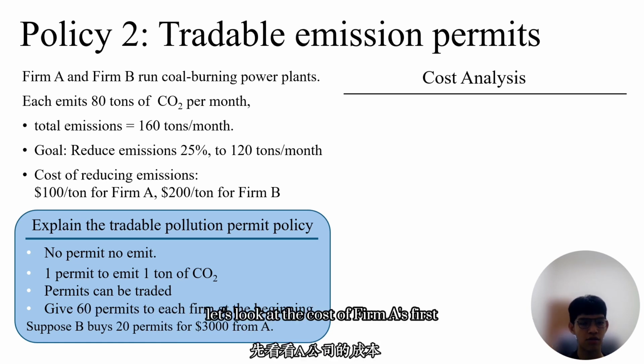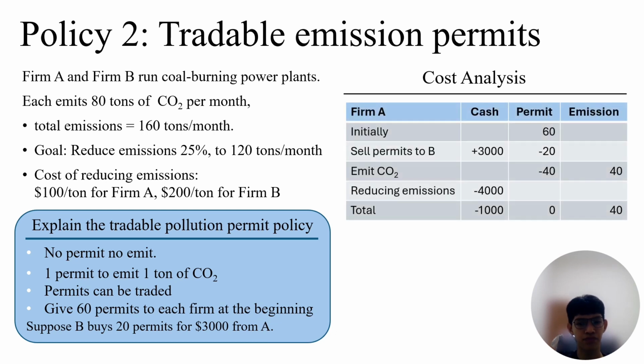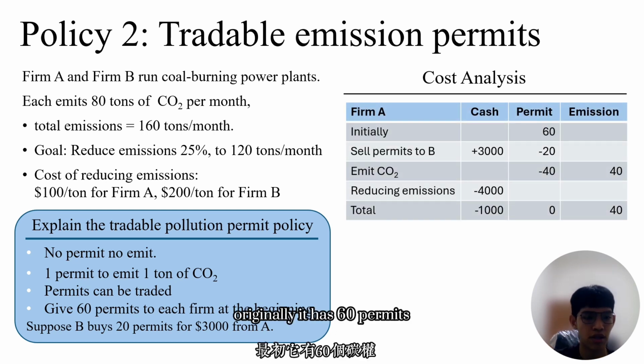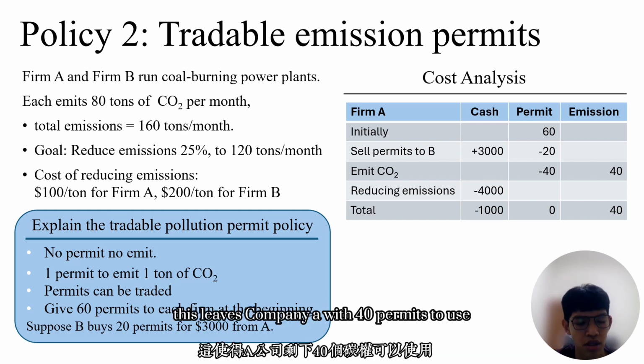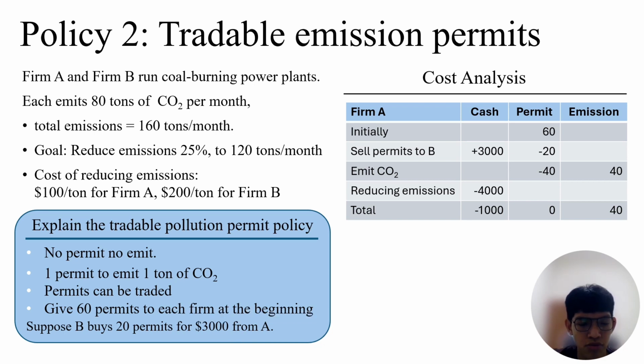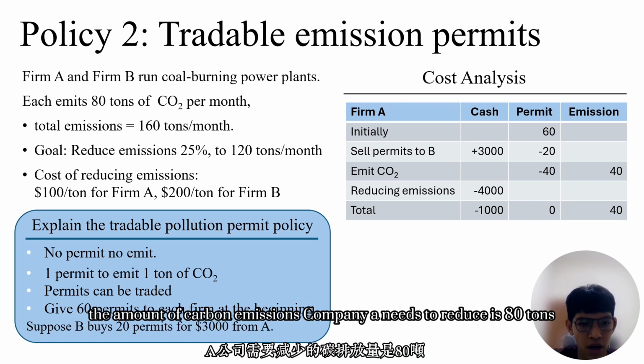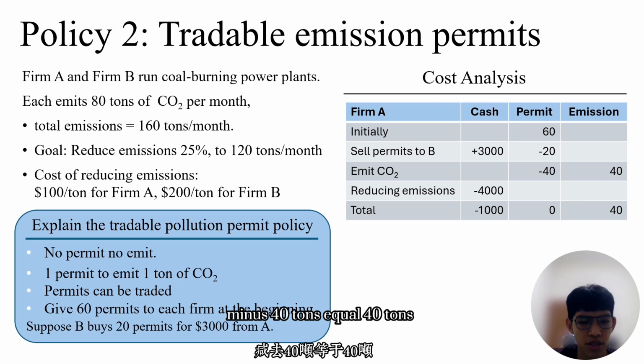Let's look at the cost of firm A first. Originally, it had 60 permits, but it sells 20 permits and earns $3,000. This leaves company A with 40 permits to use. The amount of carbon emissions company A needs to reduce is 80 tons minus 40 tons, equal to 40 tons.